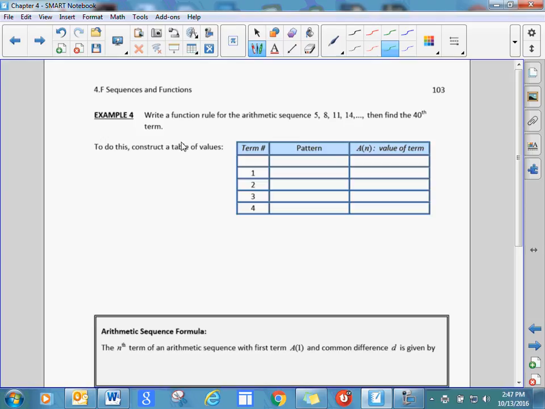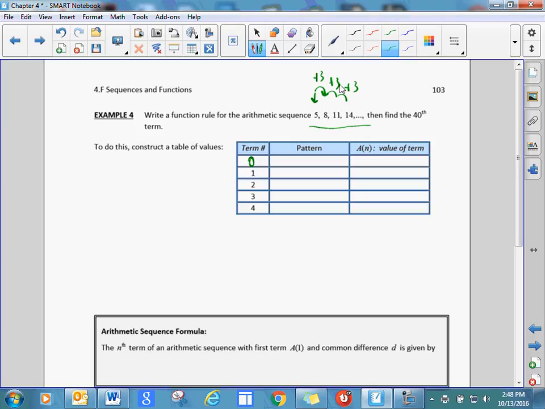So it's asking us to construct a table of values. We've got this pattern, these numbers in our sequence. So if you're looking at the first term, let's go and look at the zeroth term. So if this is the first term and this is the second term, that's plus 3, and that's plus 3, and that's plus 3. Well, notice we've left a spot in this chart for the zeroth term.